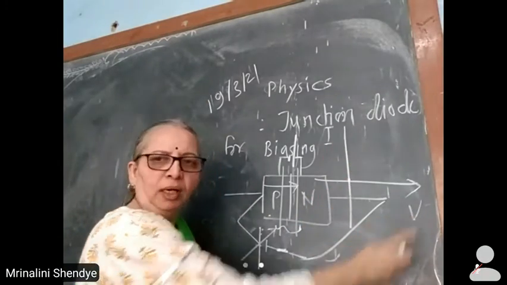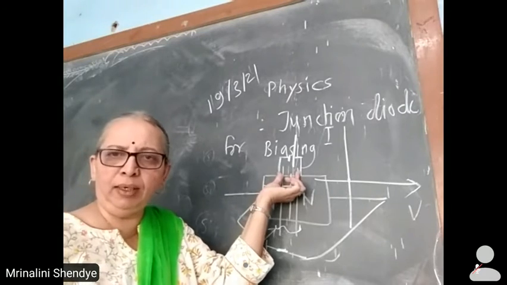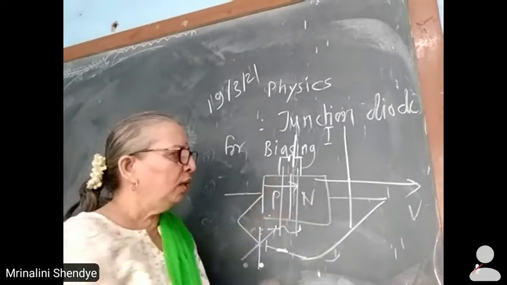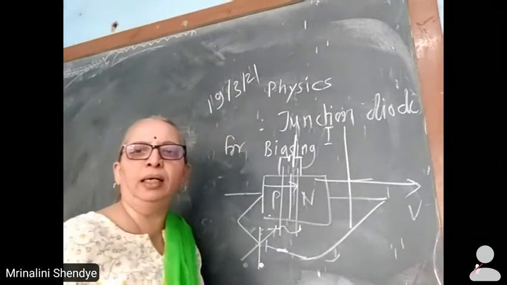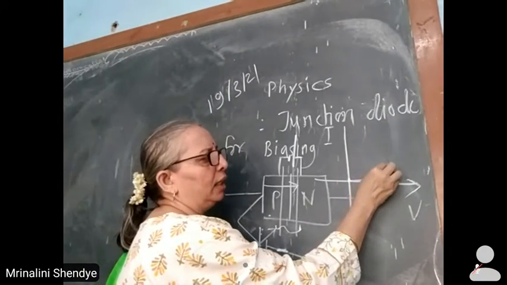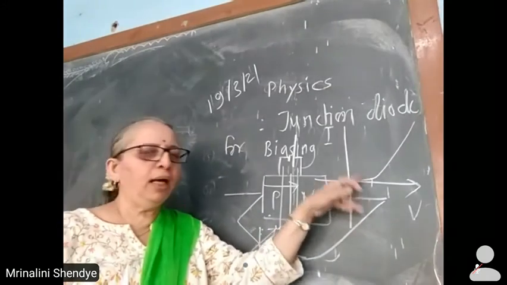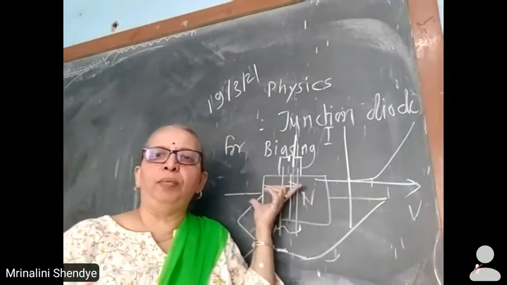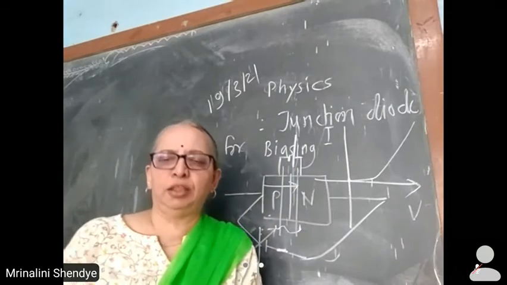For smaller values of V till it reaches barrier potential for given diode, current very small, almost zero current. And after certain value of V, the current starts increasing. So this is called IV characteristics of diode when it is arranged in forward biased mode.